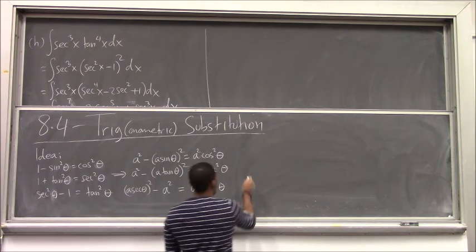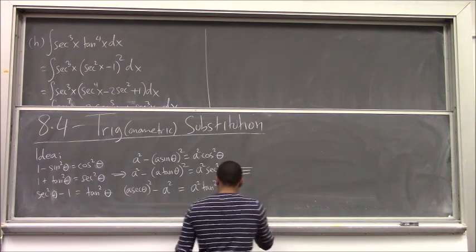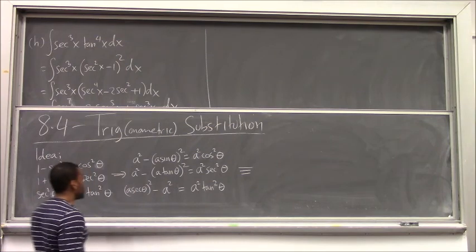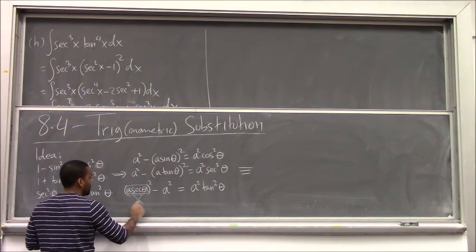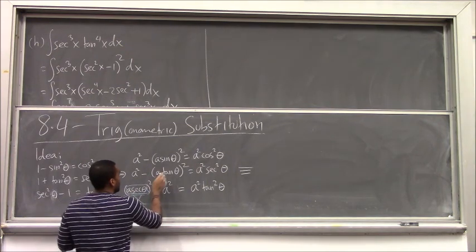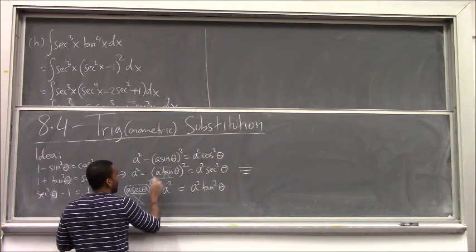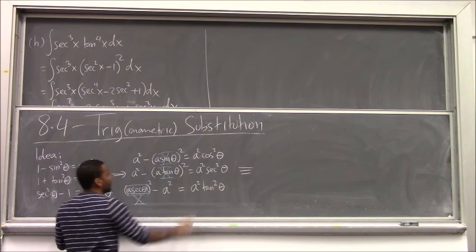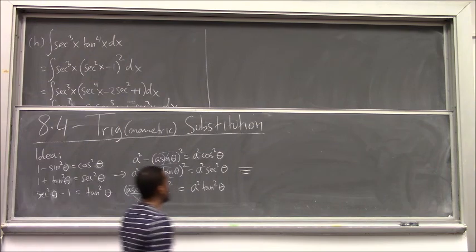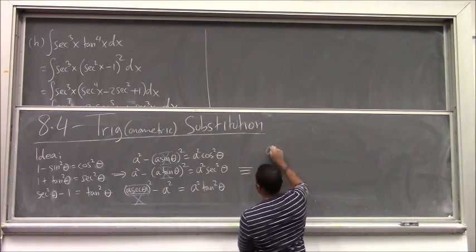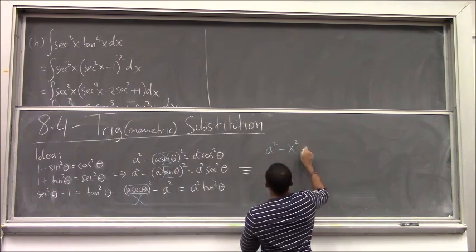And here's how we're going to make the equivalence. What if instead of these trig functions, I just had some other function? Call that x, or the Roman numeral 10 if you fancy. The idea is there is some sort of equivalence with seeing something like a squared minus x squared.